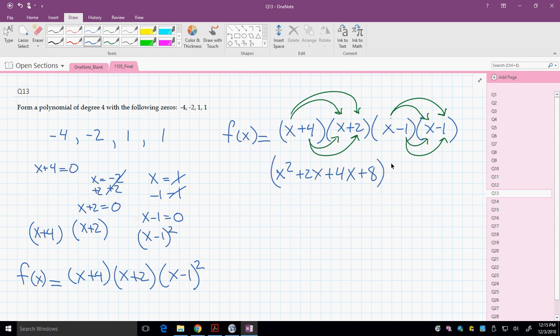And then the second parenthesis is x times x, x squared. X times negative 1 is going to give me negative x. Negative 1 times x is going to give me negative x. Negative 1 times a negative 1 gives me positive 1.